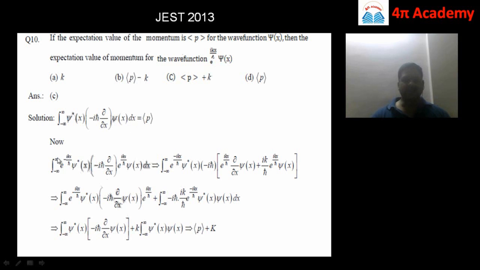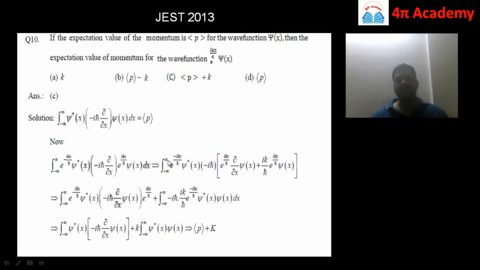So it will be minus infinity to infinity e raised to power minus ikx upon h cross, since this is psi star, so the complex conjugate of this wave function, psi star of x, then the momentum operator, which is minus ih cross del del x over the wave function, which is e raised to power ikx upon h cross psi of x dx.